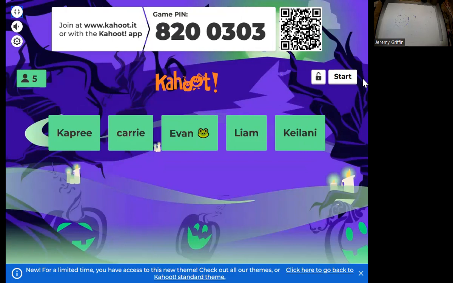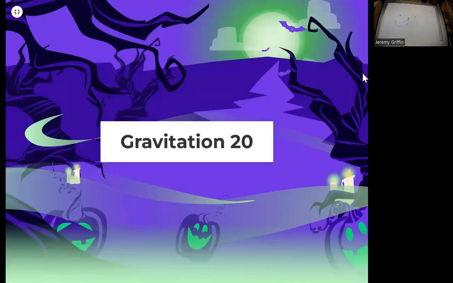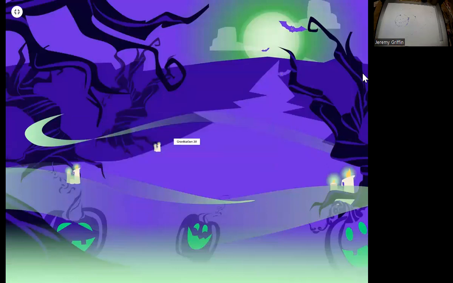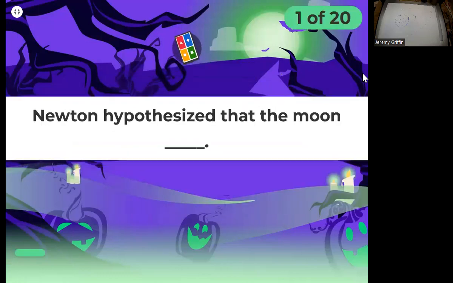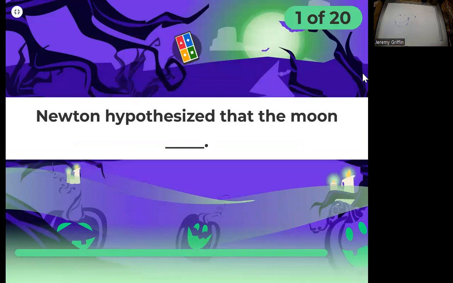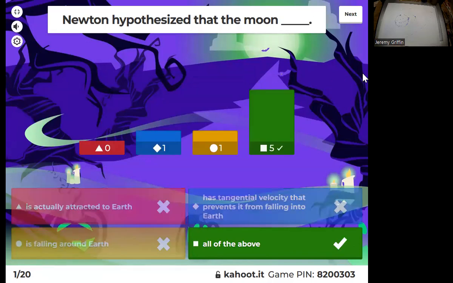All right, and let's get going. Newton hypothesized that the moon... yeah, there you go.